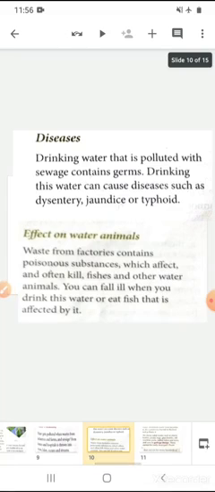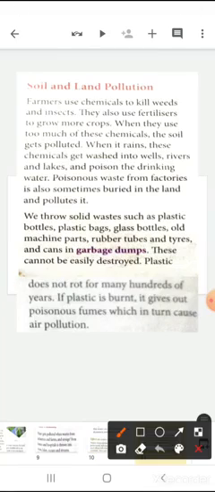Now next we have soil and land pollution. Farmers use chemicals to kill weeds and insects, right? They also use fertilizers to grow more crops. When they use too much of these chemicals, the soil gets polluted. Nowadays, you all are aware that farmers are using pesticides and insecticides on the crops. That is harmful.